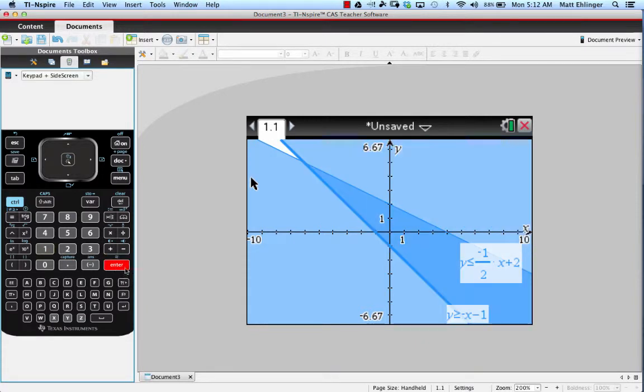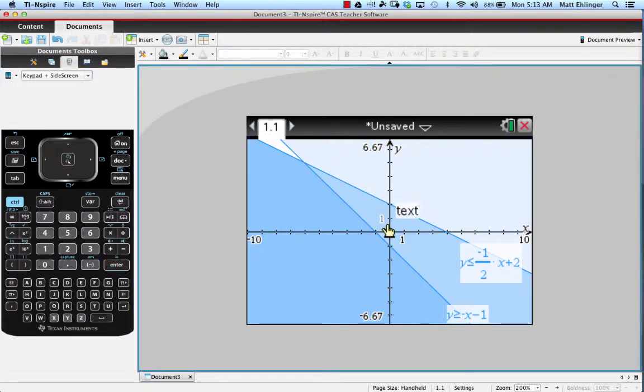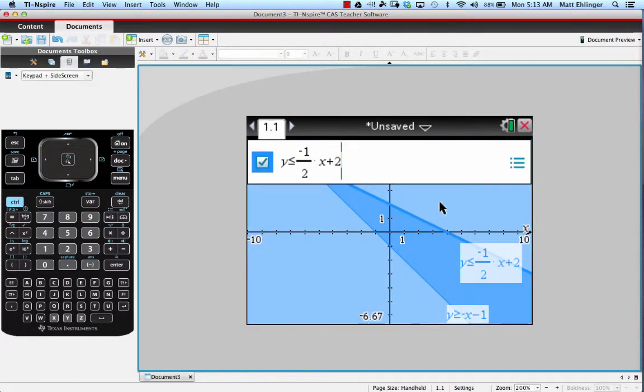Press enter, and there we have our second linear inequality. Okay, so here we have our graph, and I'm thinking it would be nice to have some different color here.